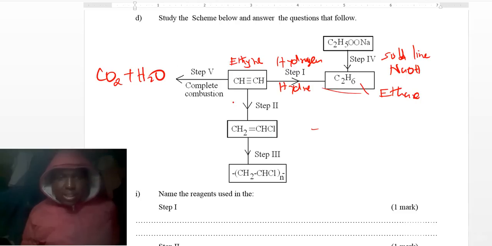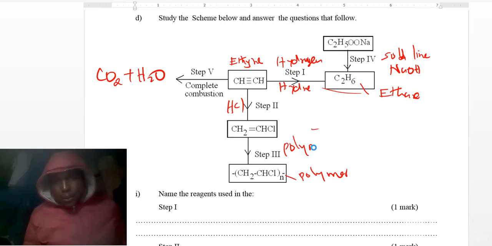So it means there is an addition of HCl, an addition of hydrogen chloride gas. This one will undergo a certain process, step 3, to form this. What is this? This is a polymer. So the process here is polymerization.